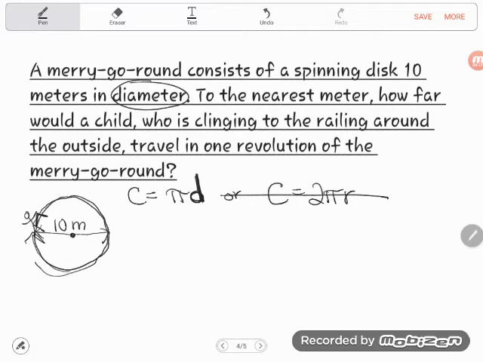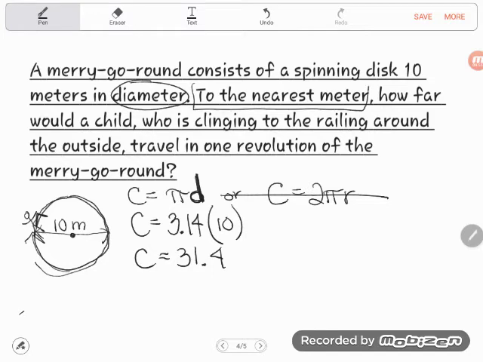So this way I'm just using the one where I already know the d, so might as well use this one. Okay, so c is equal to, we said pi, we could use that approximation of 3.14. The diameter of my circle there is just 10 meters, and so I do get, I don't even need a calculator for that one, 31.4.